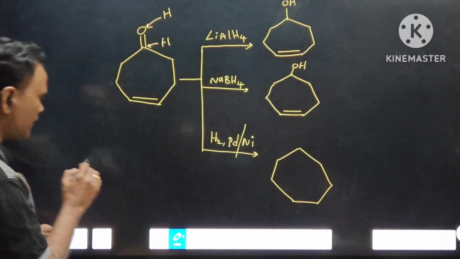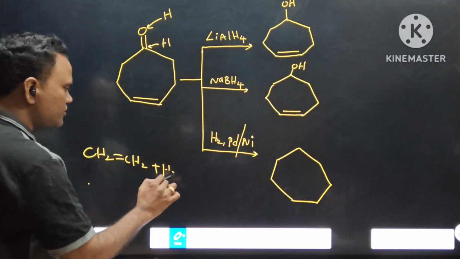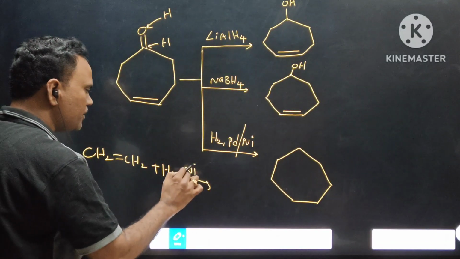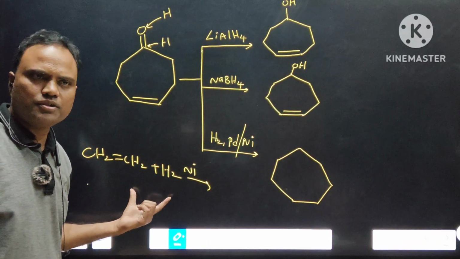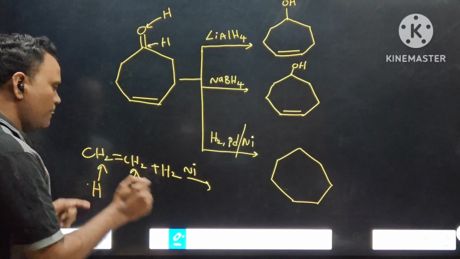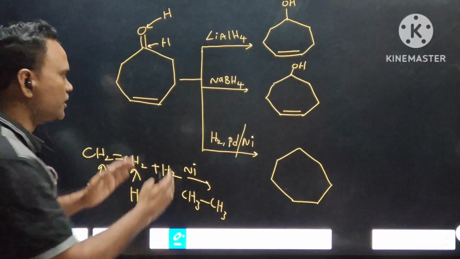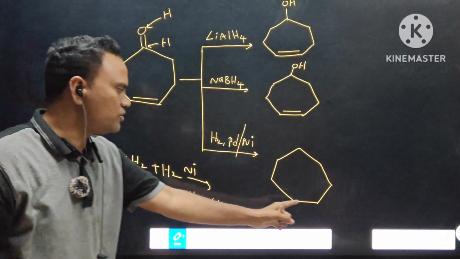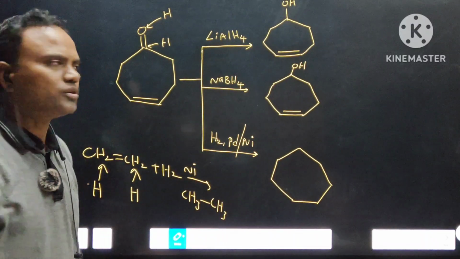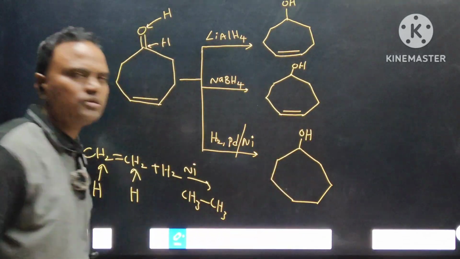You know normal hydrogenation: CH2 double bond CH2 plus H2, nickel, platinum, palladium. You already know this reaction, two hydrogens will be added, one hydrogen here and one hydrogen here. The double bond will vanish. Similarly here, one hydrogen, one hydrogen, so the double bond will vanish. And this keto group is converted to OH.